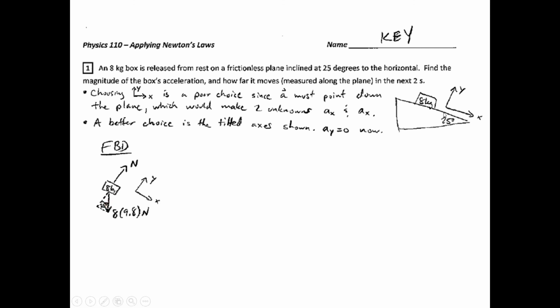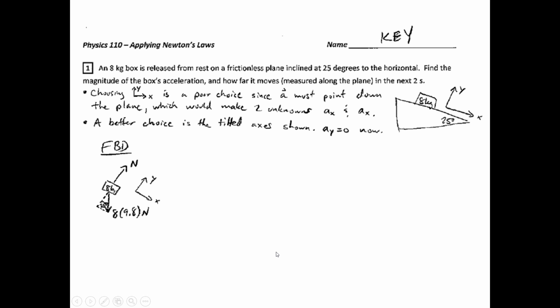And since when this angle closes up, this one also closes up, that's a very strong hint that those are actually the same angle in this context. So if that helps you do a little shortcut argument to figure out what that angle is, we're going to find it's always very useful to draw in this angle. And when you're on an inclined plane, that angle is going to be the same as the angle of the inclined plane above the horizontal.